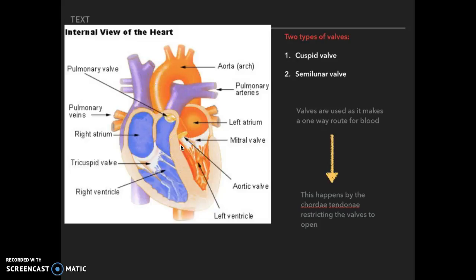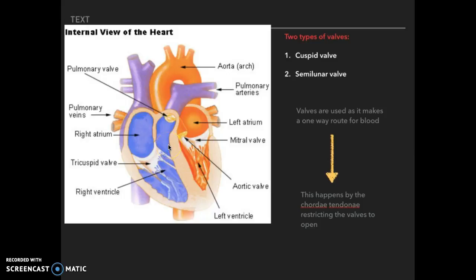The cuspid valves: the tricuspid valve is between the right atrium and ventricle, and the bicuspid valve is between the left atrium and ventricle. When the ventricle contracts, the tricuspid valve will shut.